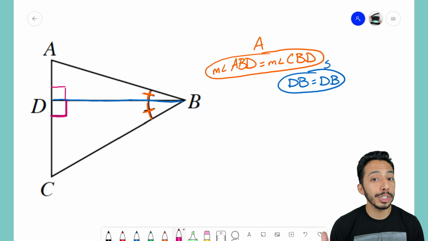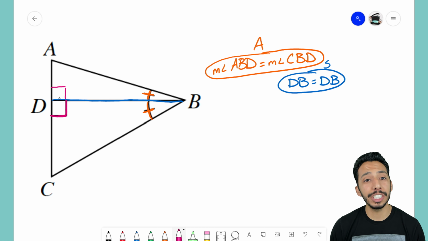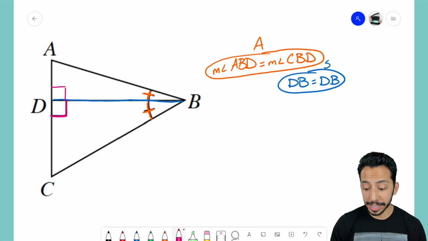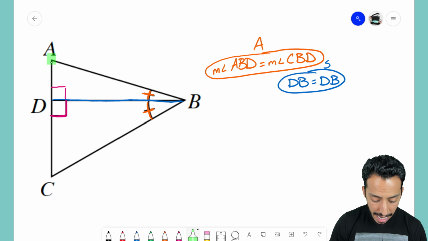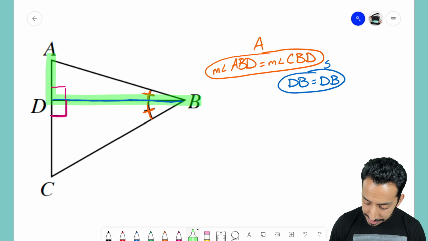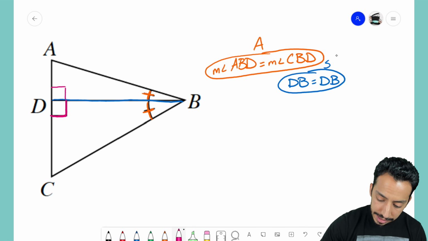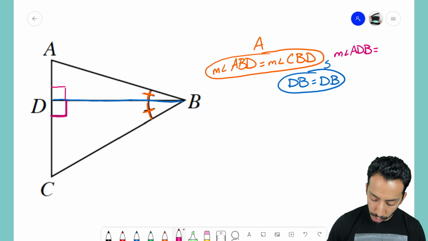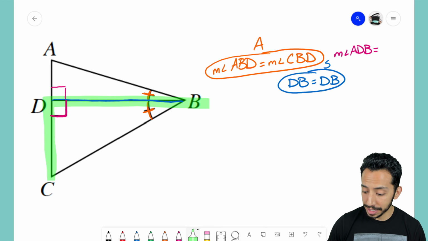So let's go ahead and write that out. Again, I can't just write that the measure of angle D equals the measure of angle D because there are two angles here. So again, let's practice naming this out. I could call this one ADB. So I'll write this out. The measure of angle ADB is going to equal, let's now trace the bottom one, CDB.